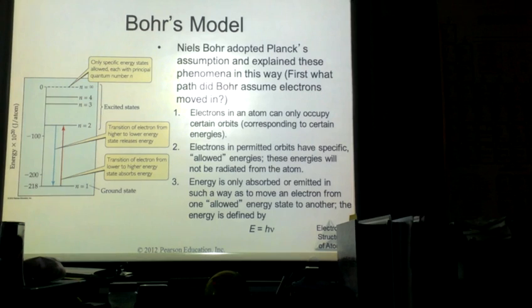Why? It gets smaller because I don't need as much energy to move from 3 to 4 because the attraction of the electron at energy level 3 to the nucleus is weak. I don't need as much energy to go to the next energy level because that attraction is already so faded, it's so weak. Versus at n equals 1, the electron wants to be there by the nucleus, so I need to absorb tons of energy to move up to that next energy level.